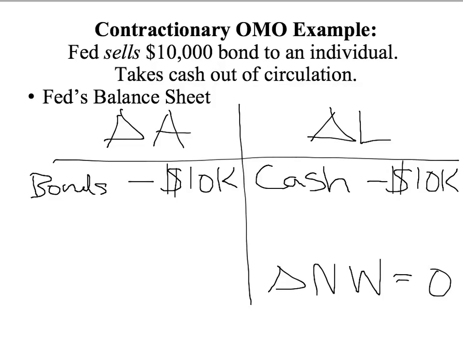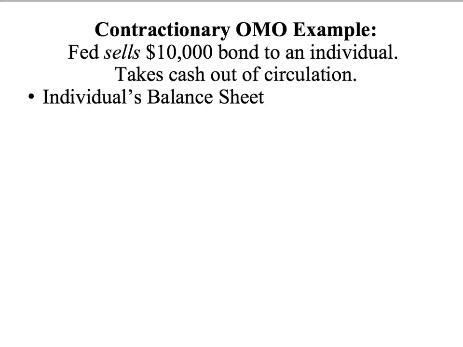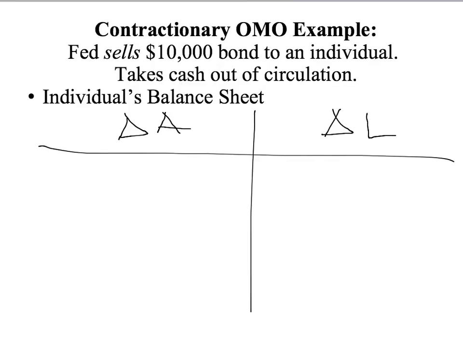Now if you look at the individual's balance sheet, you can probably guess what's going to happen here. Change in assets, change in liabilities. Remember, the Fed just sold a bond to the individual, and we're going to assume that they take that money out of their checking account to buy that bond.